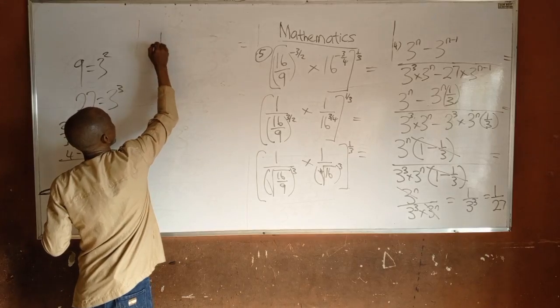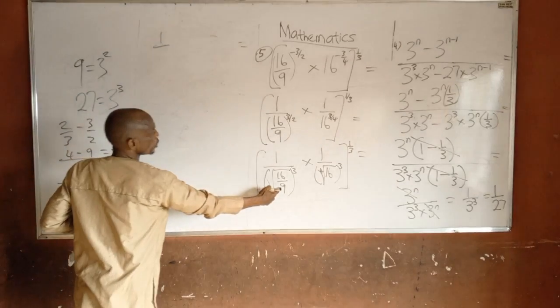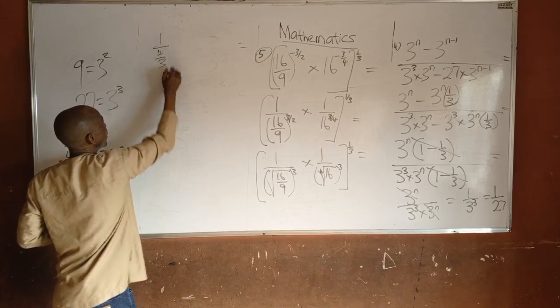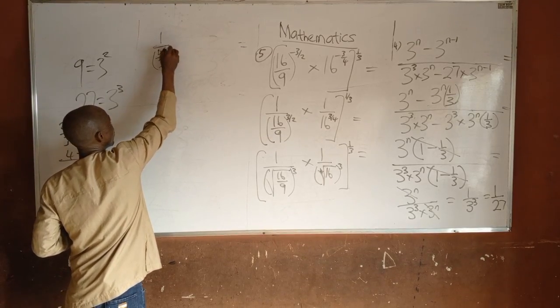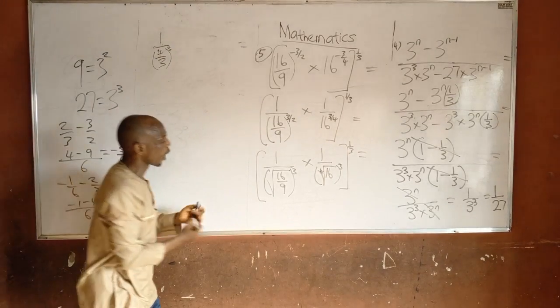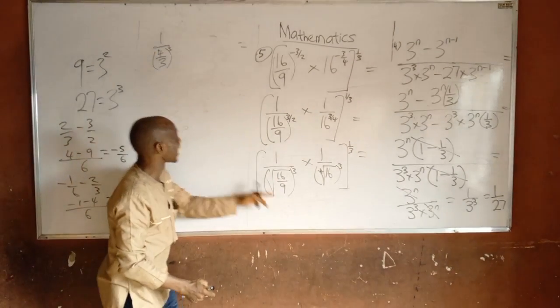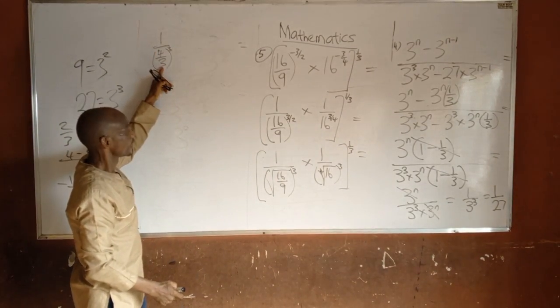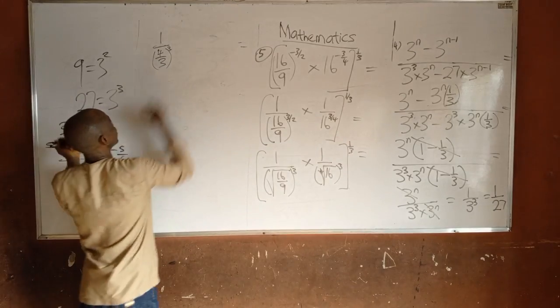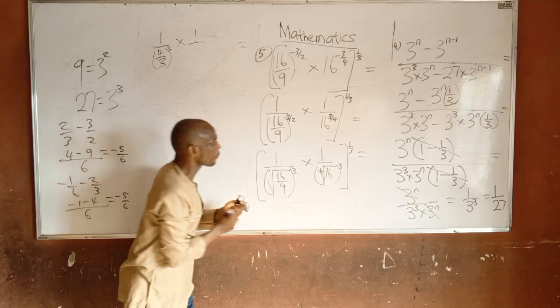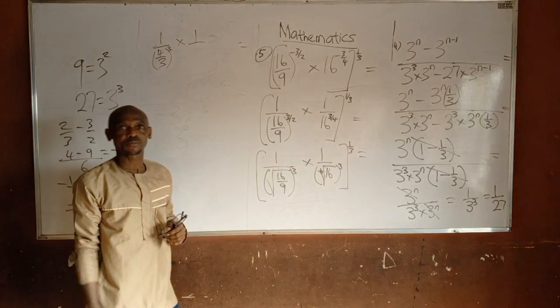We have 1 all over 4 over 3 raised to the power of 3. The square root of 16 is 4, and the square root of 9 is 3. Then this is times 1 all over the 4th root of 16.